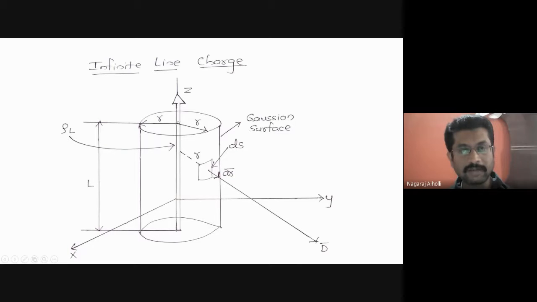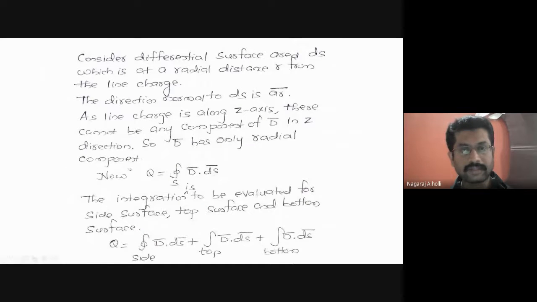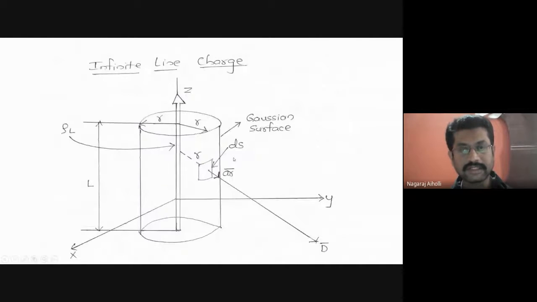Whatever component of D bar is there along the plus z direction will get cancelled out with the component of D bar in the minus z direction, and hence the component of D bar along the z direction is not considered while deriving the equation. That means D bar has only the radial component, because the flux density is directed radially outwards.